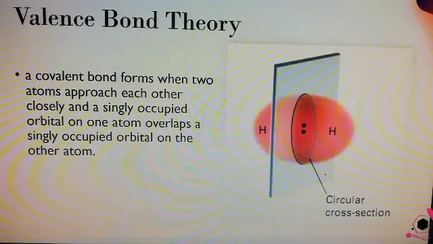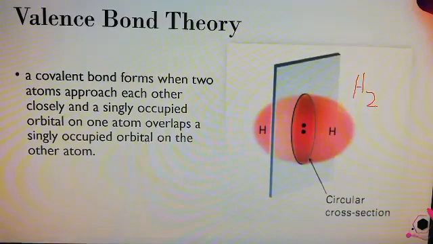So for example, yung ating hydrogen. So sa s orbital nila, meron lang silang isang electron, 'di ba? So mag-overlap yung isang hydrogen atom doon sa isa pang hydrogen atom. So their available electrons will pair to each other and we will have an H2 molecule.